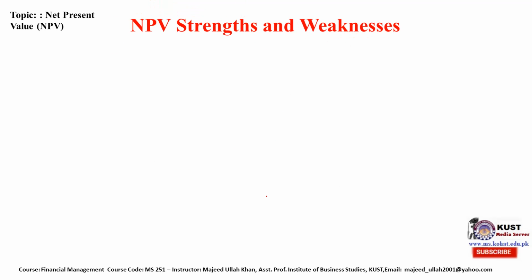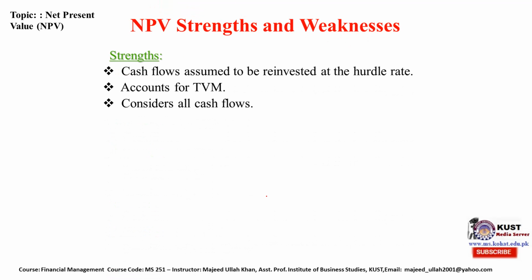Moving further, what are the strengths and weaknesses of net present value? Strengths. Cash flow is assumed to be reinvested at the hurdle rate or required rate of return, which is a realistic assumption, because all firms maintain such a rate, in Basket Wonders let's suppose it is 13%.